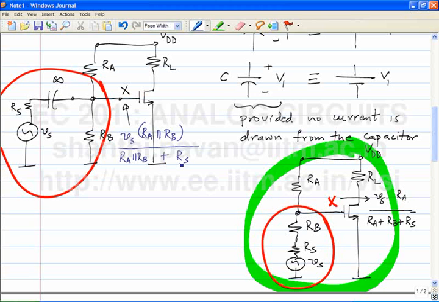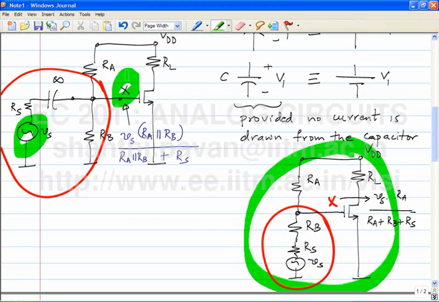Okay. So now can somebody make a comment whether it makes sense to use the guy on the top left or the bottom right? Okay, what is the maximum gain you can get from Vs to X? You cannot get anything more from Vs here to X. You cannot get a gain of greater than 1.